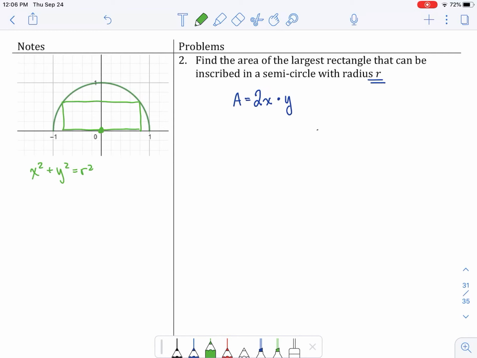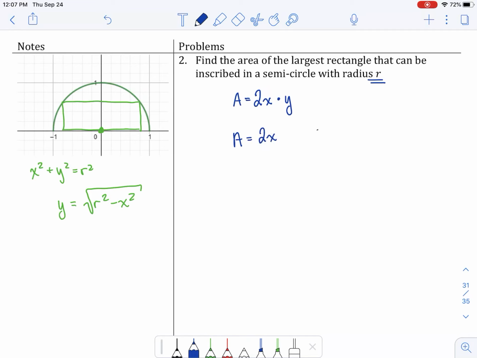So I'm going to start by solving for y given this equation, and I'm going to end up with y is equal to, subtract x squared over, so then the square root of r squared minus x squared, and this is the positive half of the circle, so it's the positive square root. So what that does is it tells us the value of y. So now we have solved for y, so we've reduced the number of variables here.